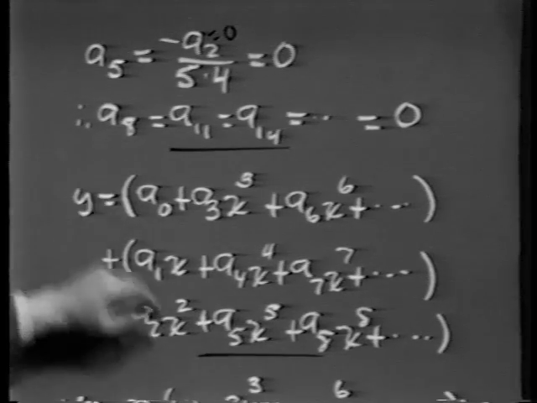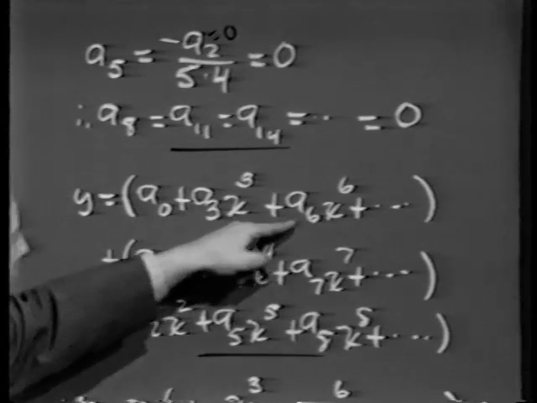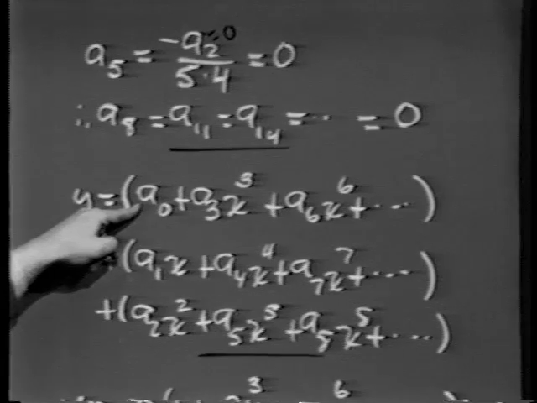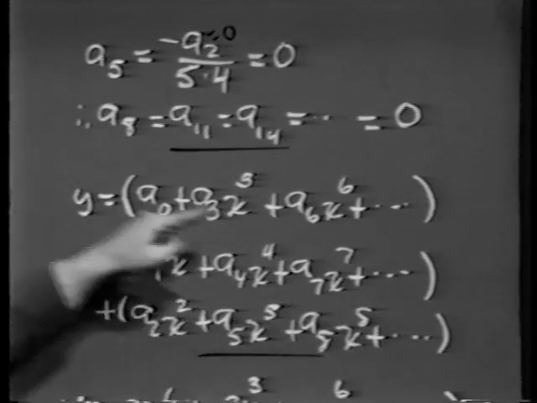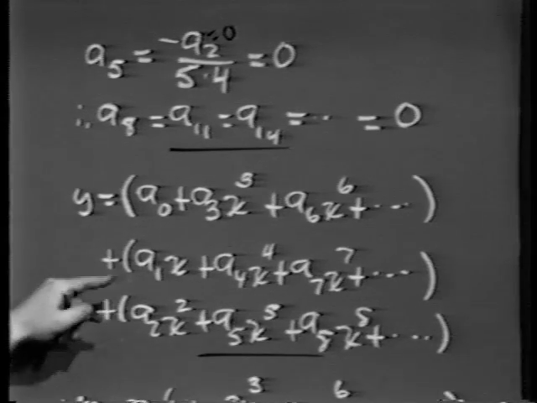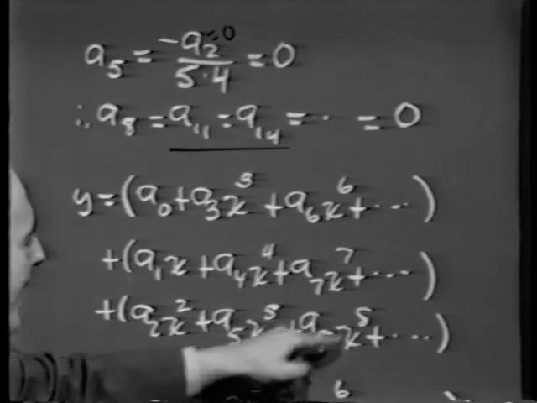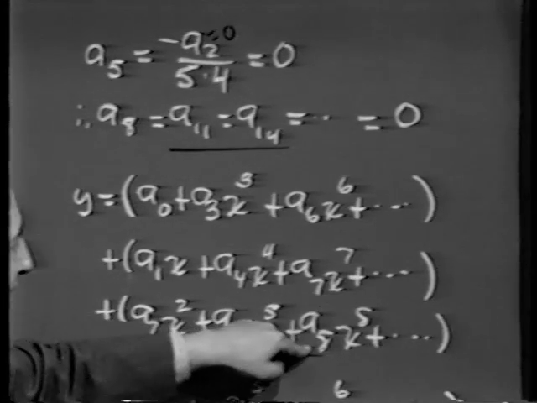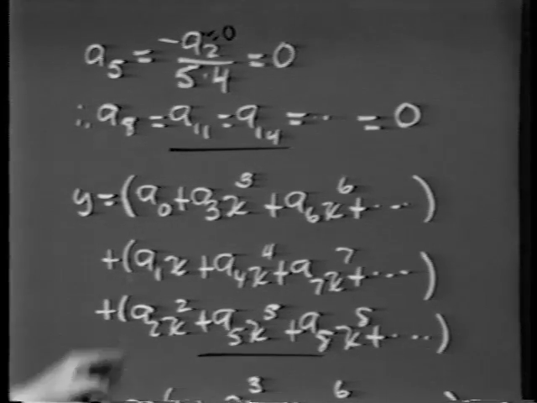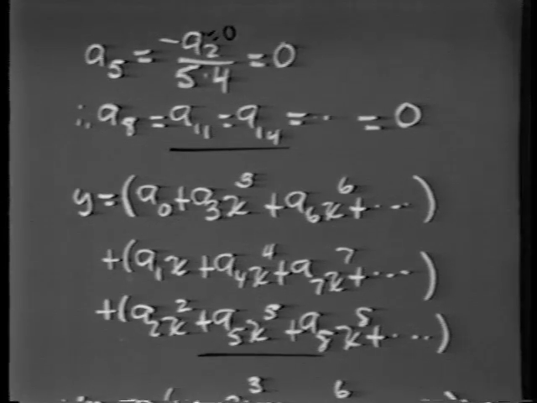The idea being that I know how to express a3, a6, a9 in terms of a0. I know how to express a4, a7, a10, etc. in terms of a1. And I know how to express a5, a8, etc. in terms of a2. In fact, in this simple case, which turned out nicely, they all turned out to be 0, these coefficients. So what's left is what?